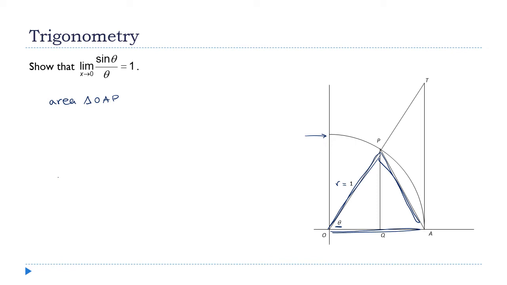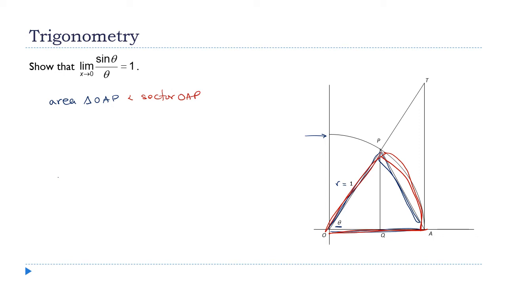Well, the sector is really the same thing, only it includes that little segment of the circle out there. The area of triangle OAP is going to be less than the area of sector OAP, because the sector also has that little segment outside.